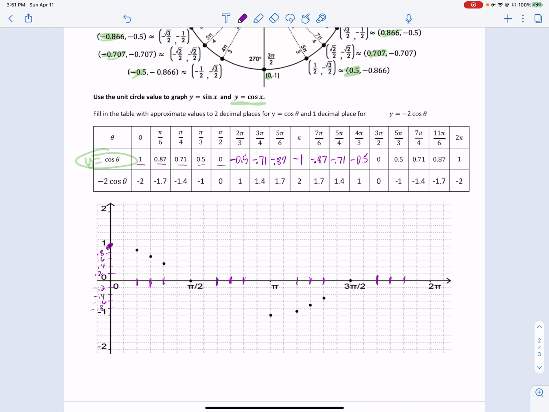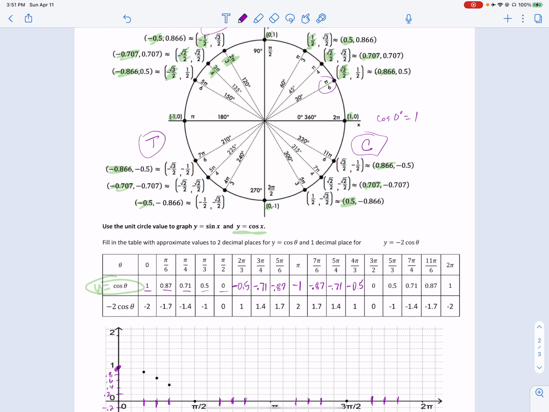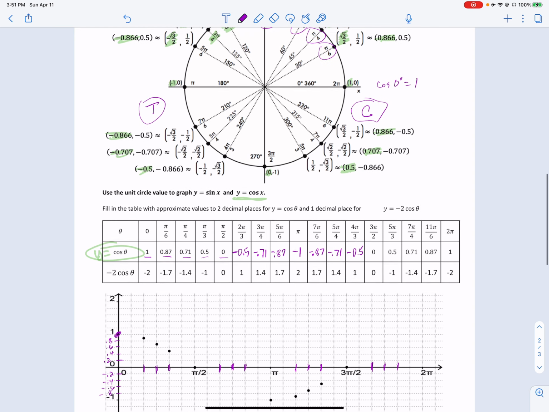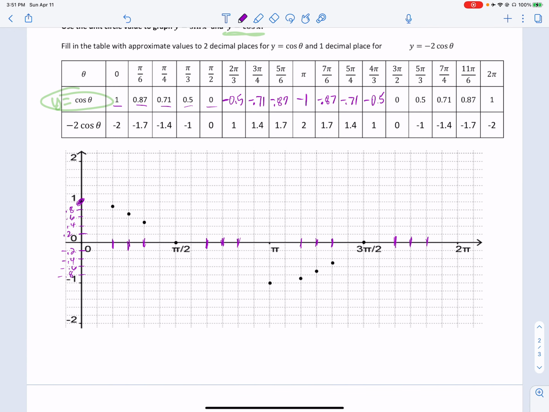They're going to correspond with the angles as you go around, the pi 6, the pi fourths, the pi thirds, and the pi halves. That's going to be what I've got marked here. And so we have 0, 1, and then this is at your pi 6, we're at 0.87, at pi fourths, we're at 0.71, at pi thirds, we're at 0.5, and then 0 at pi halves.